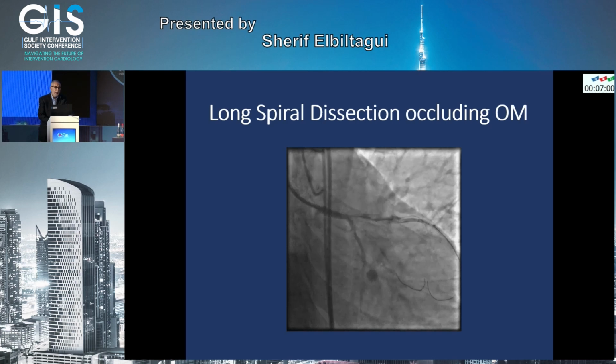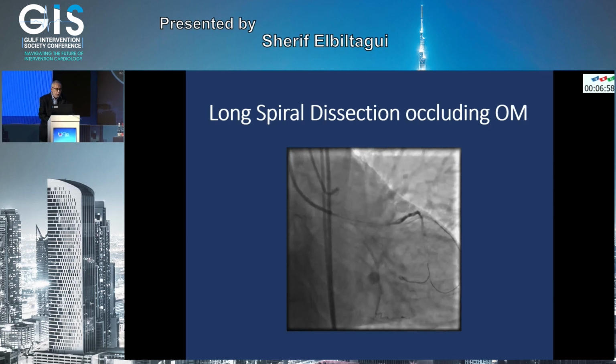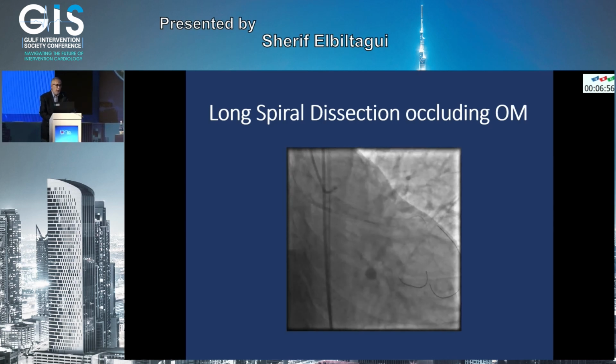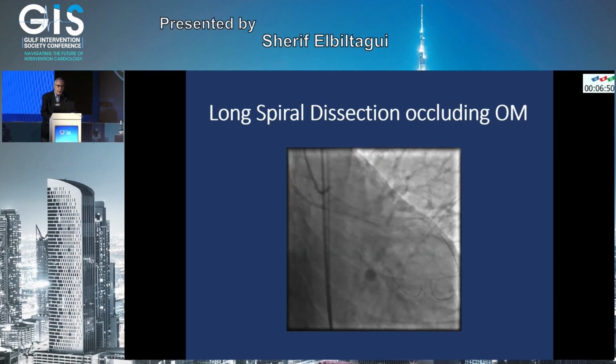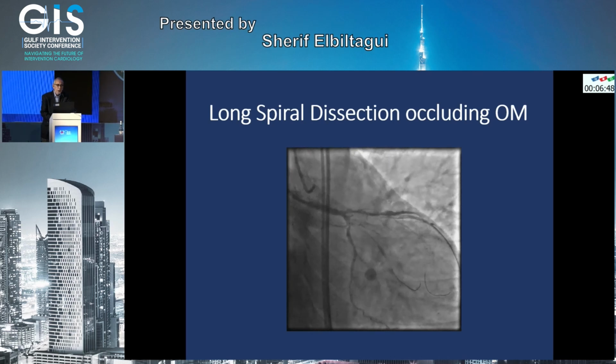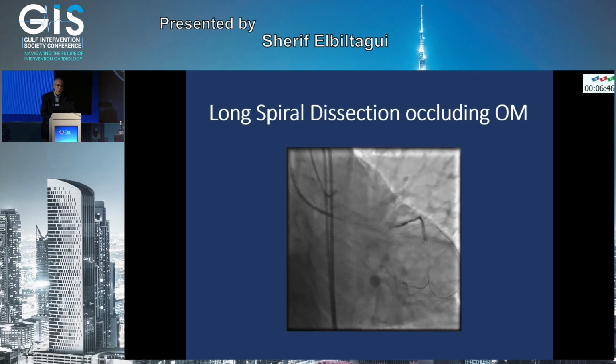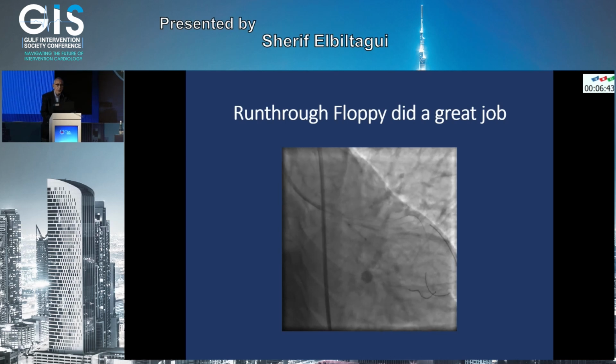I didn't know the reason, but probably from accidental advancing of the trapping balloon while I was removing my microcatheter. Here, I was really lucky, as the Runthrough probably could negotiate through this long spiral dissection in a few minutes while the patient was in real pain.